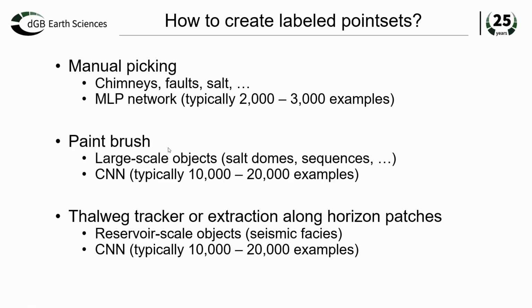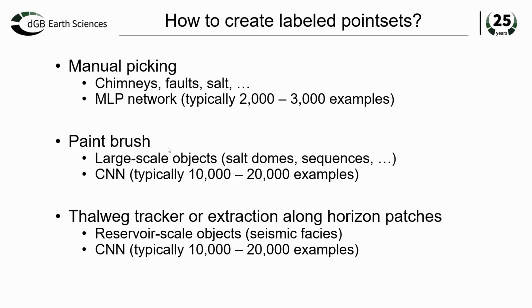Another way of creating a point set would be to utilize the Thalweg tracker that we offer in OpendTect Pro. The Thalweg tracker is a voxel type of tracker where we use the path of least resistance to find the next cell, if you will, and that way map out facies quickly. I will also show you this tool in the demo.